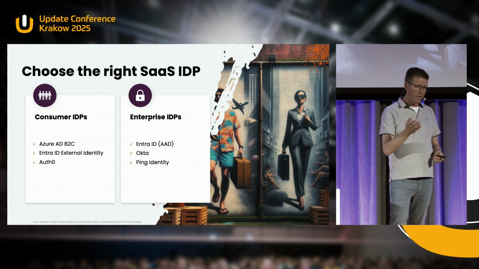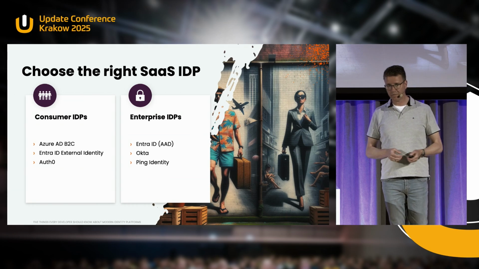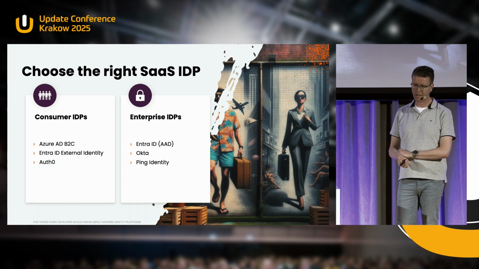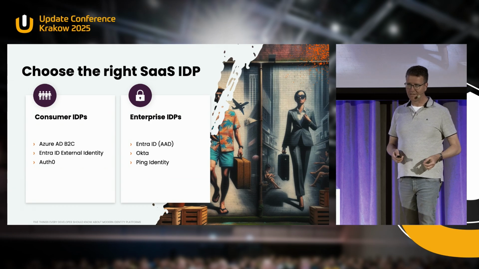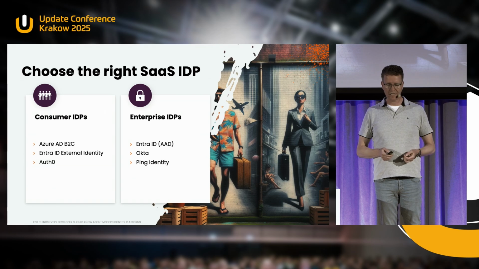So if you look at consumer IDPs, then Azure AD B2C, for example, is a really nice choice. It's a platform offered by Microsoft. It is currently being replaced by Entra ID External Identity, which is the vNext of Azure AD B2C. It's not GA yet, however.